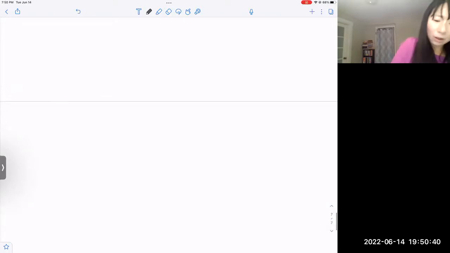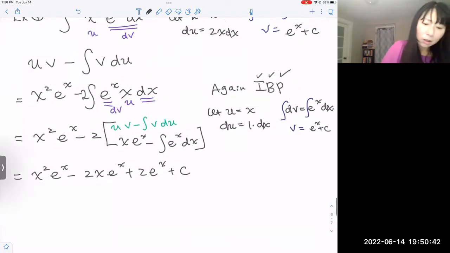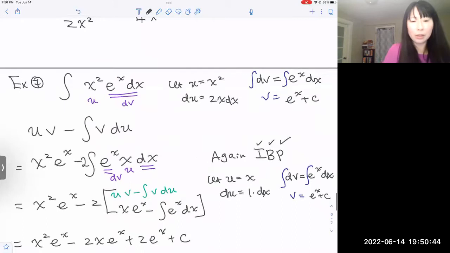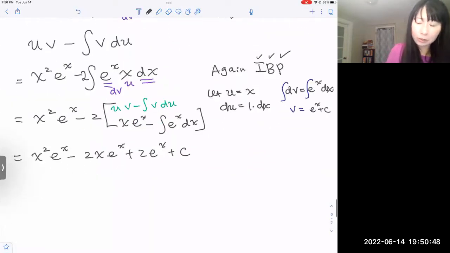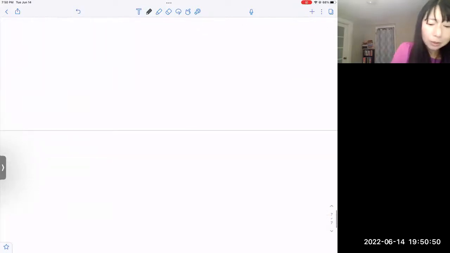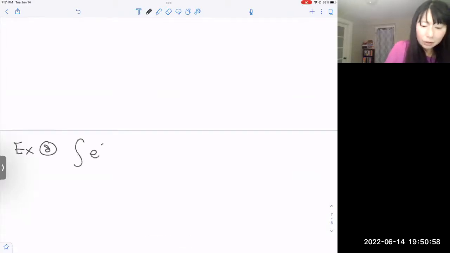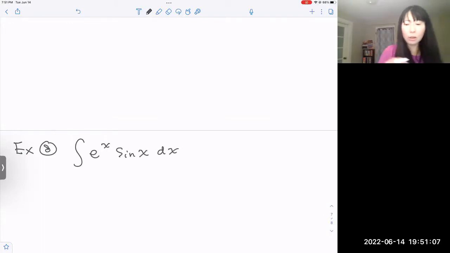Actually, this is number 8, right? I prepared number 10, but since we don't have time, I want to skip one problem. So example number 8: the integral of e to the x sine x dx.